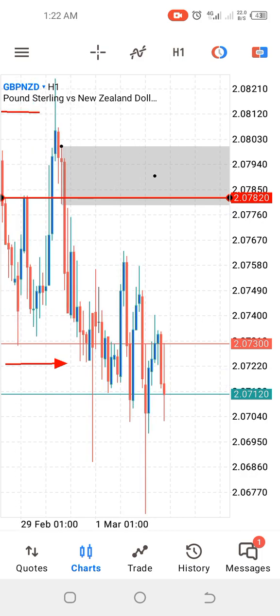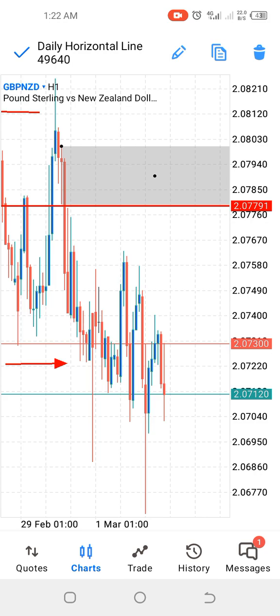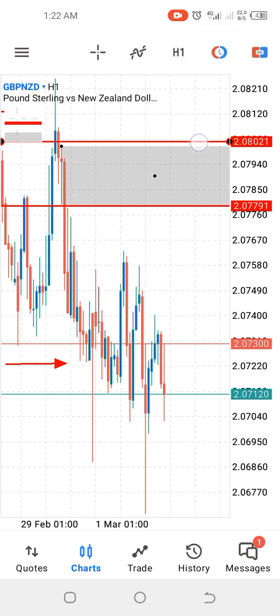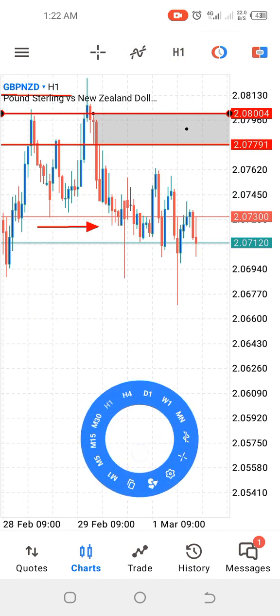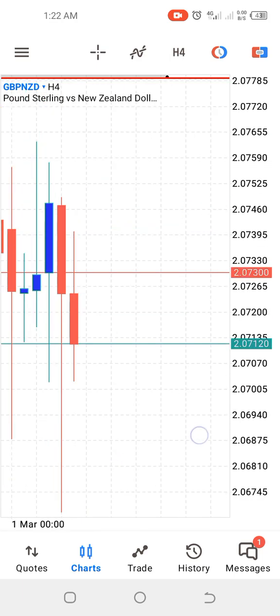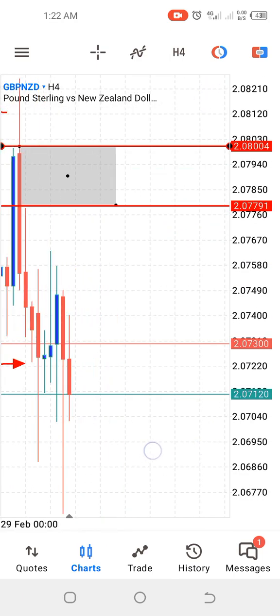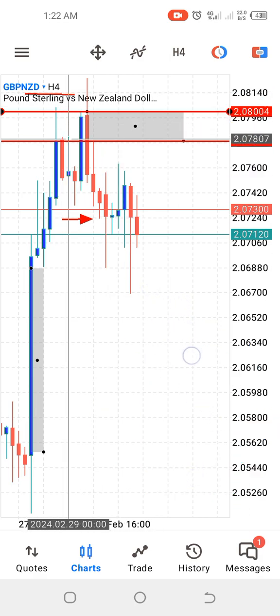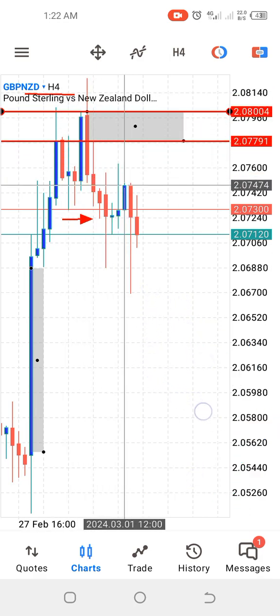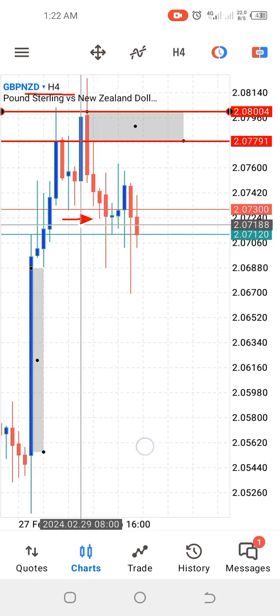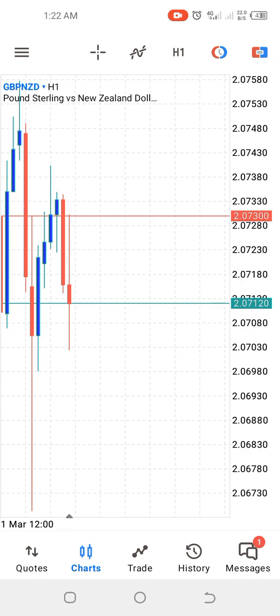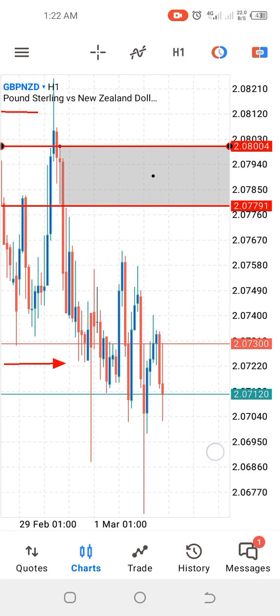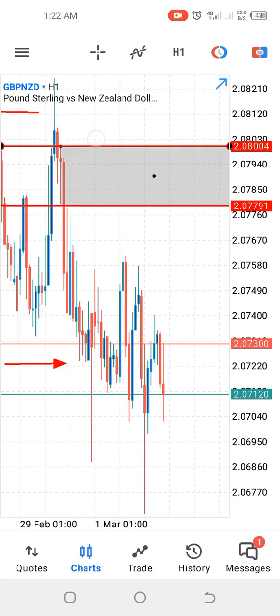Now there's a very good zone right there, a very good supply zone. If we go back to the 4 hour time frame, what do we see? We had a very good bearish engulfing candle pushing to the downside, pushed price to the downside, broke structure. So now price will definitely do something like this.